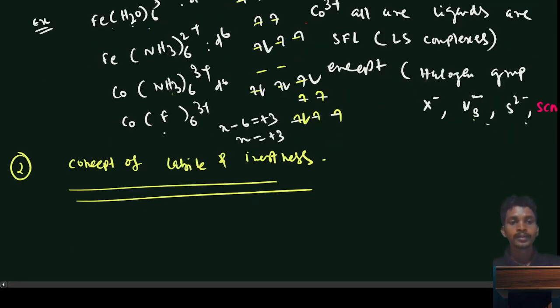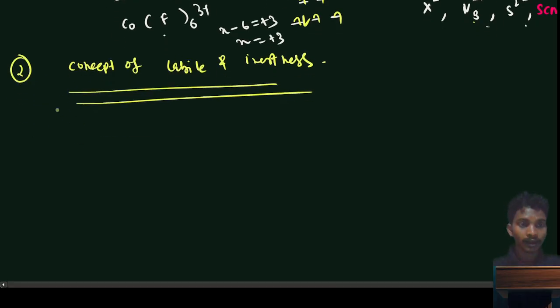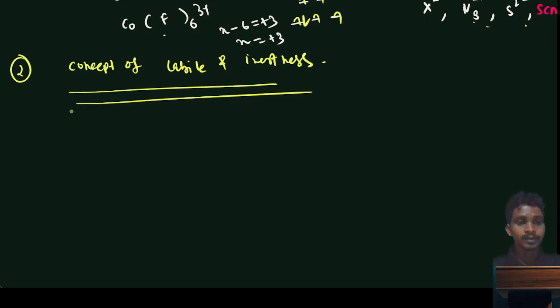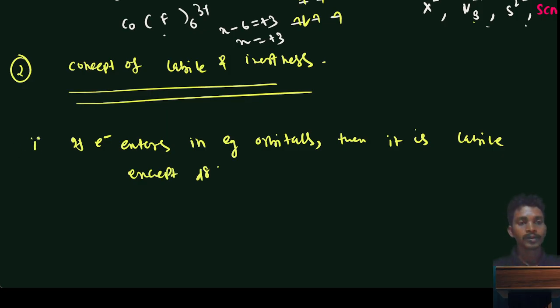Next concept, we will look at the concept of labile and inertness. For this case you have to remember that if electrons enter the Eg orbitals, then it is labile, and the exceptional case is always d8. This is the first point you have to remember.